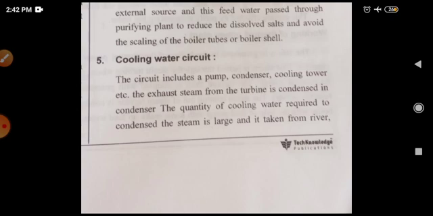Therefore, by this cooling water circuit, we can condense that steam to feed that water again to the boiler, into the feed water circuit. We condense that steam with the help of this cooling tower or cooling water circuit, and that condensed steam is again fed to the boiler, so that our water requirement in that particular cycle will be very little.